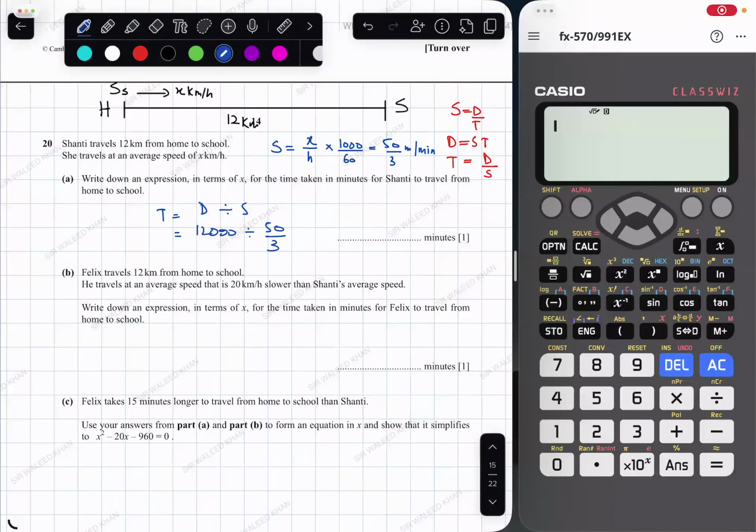Don't use a calculator, you have to write an expression. 12,000 times 3 over 50x. You can simplify it. This 1200 by 5 is 240, and 240 times 3 is 720. So 720 over x. Okay, 720 over x.